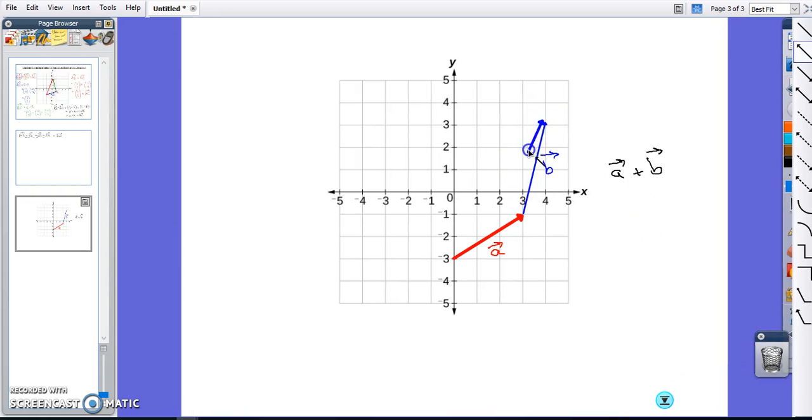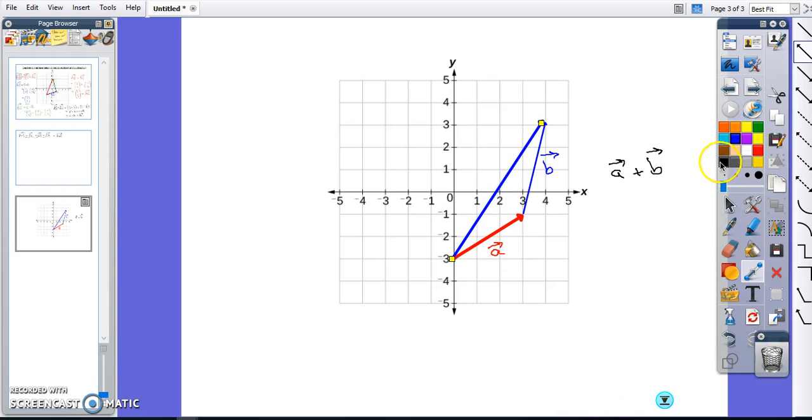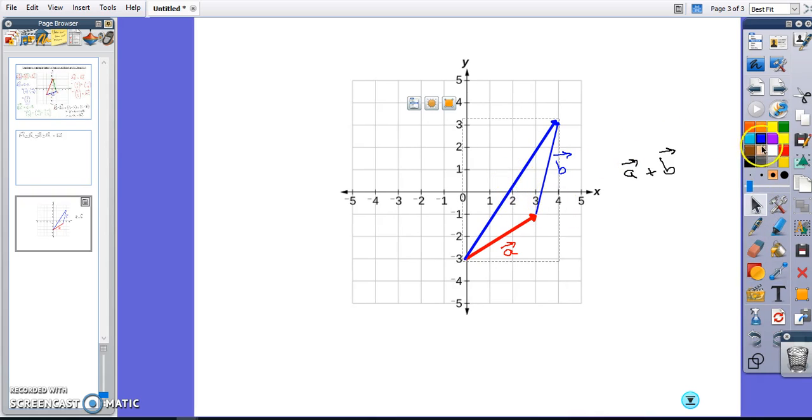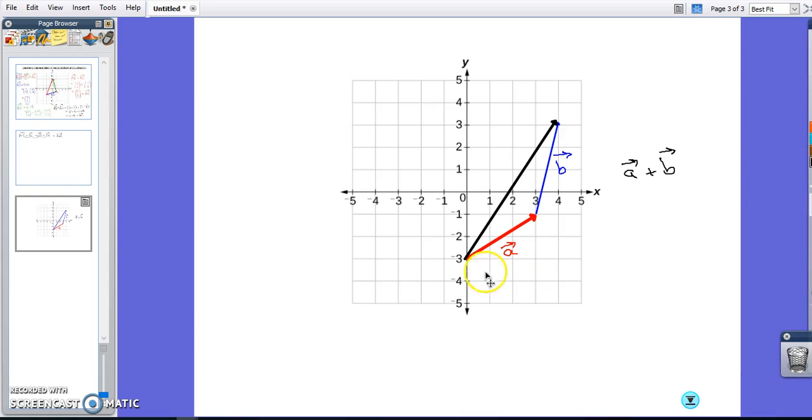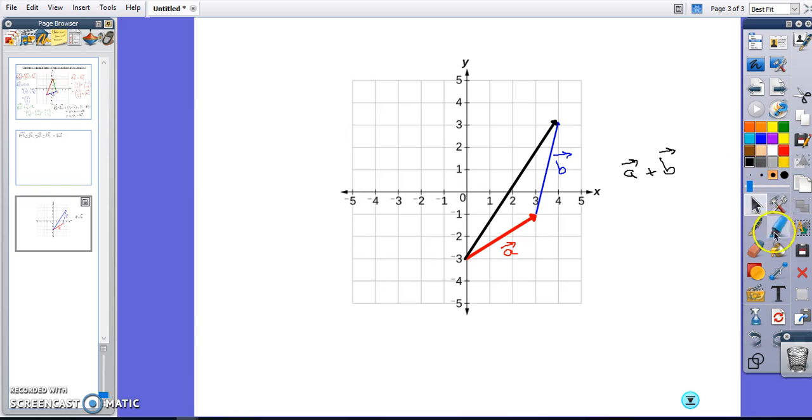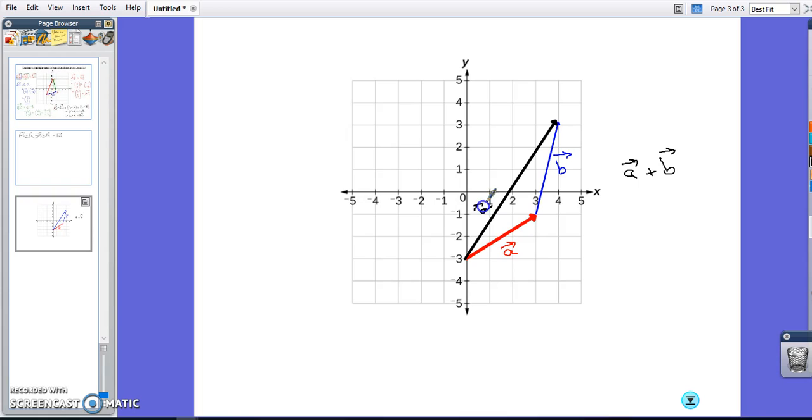So the vector A plus vector B is the same as A plus B, which can be represented by this arrow here, as shown. So it doesn't matter if I go that way or that way, I still get to the same point.